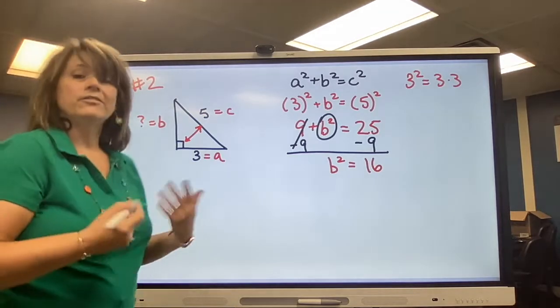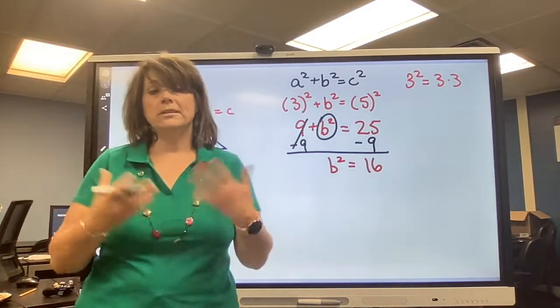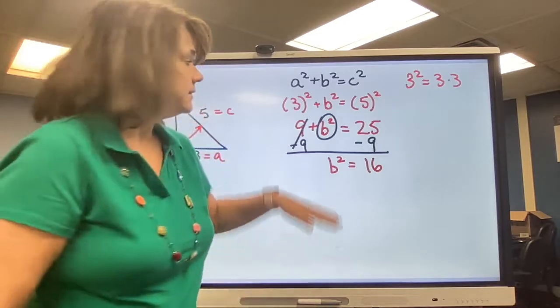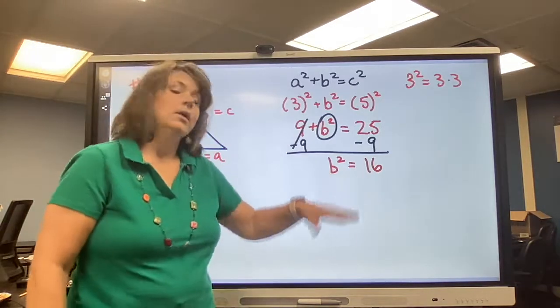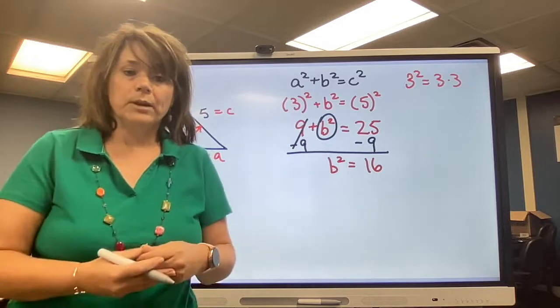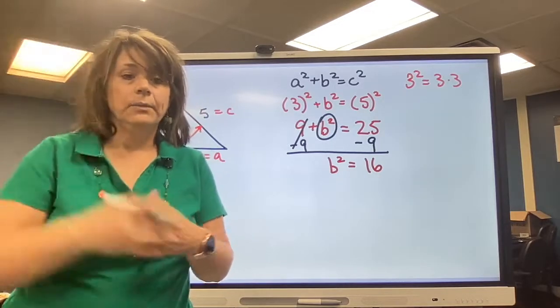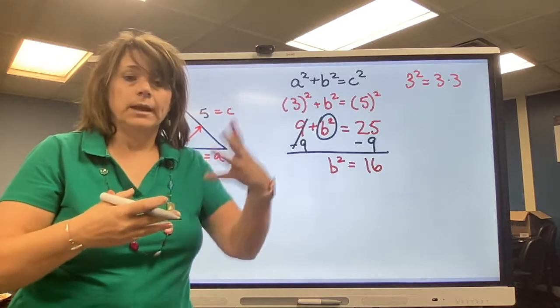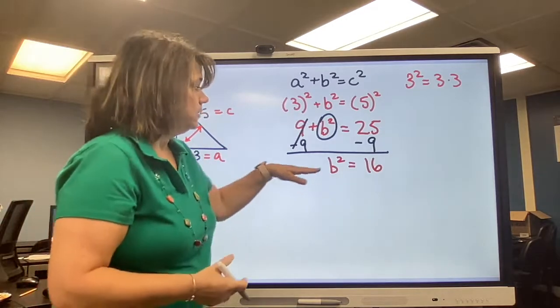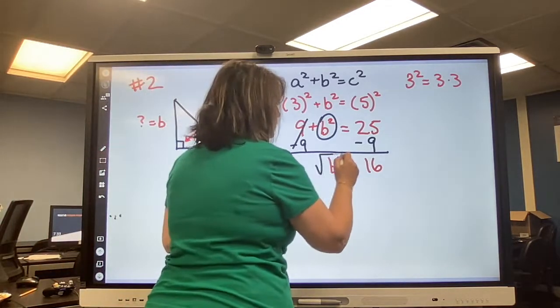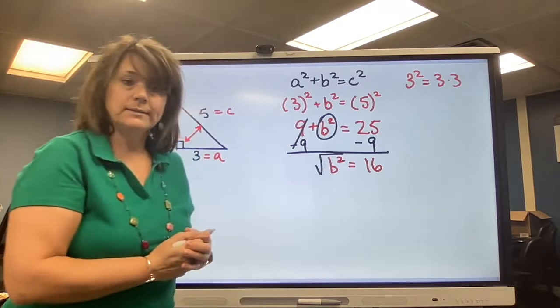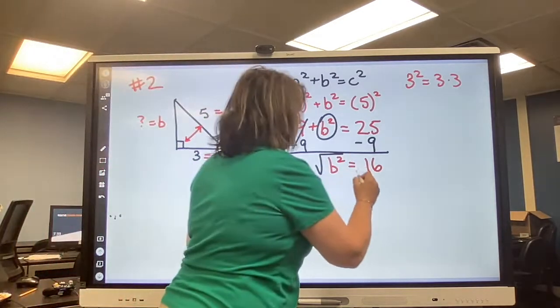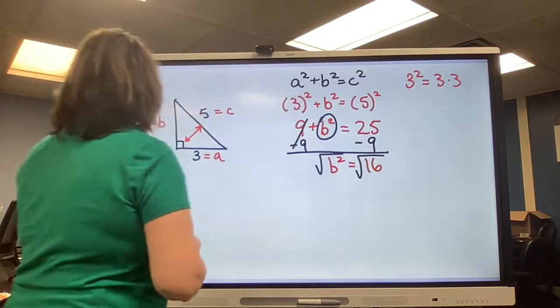Reminder, we're not looking to find out what b squared equals. We want to know what b equals. Since we have a b squared, we're going to do the opposite operation to squaring something to be able to change the value of that and find out that value. So we're going to take the square root of b squared. What we do to one side, we have to do to the other side. Take the square root there also.